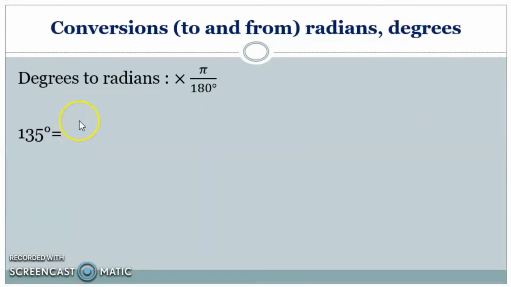Next, let us learn to convert an angle in unit degree to radian. When given an angle in degree, we can convert it to radian by simply multiplying it with pi over 180 degree.